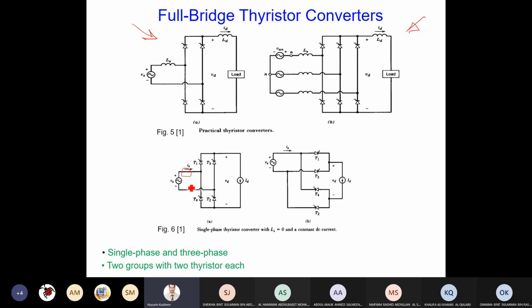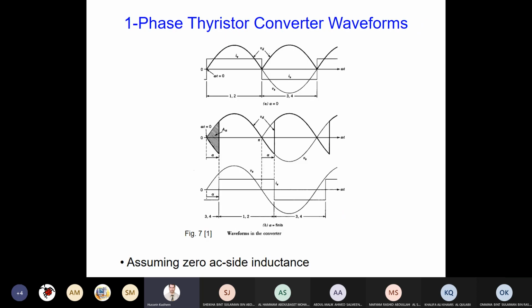The same thing here. Rather than D1, D3, D4, D2, I call them T1, T3, T4, T2. T1 will conduct with T2, and T3 will conduct with T4. T1 and T3 from the positive point, the return will be through T4 and T2 from the negative point.